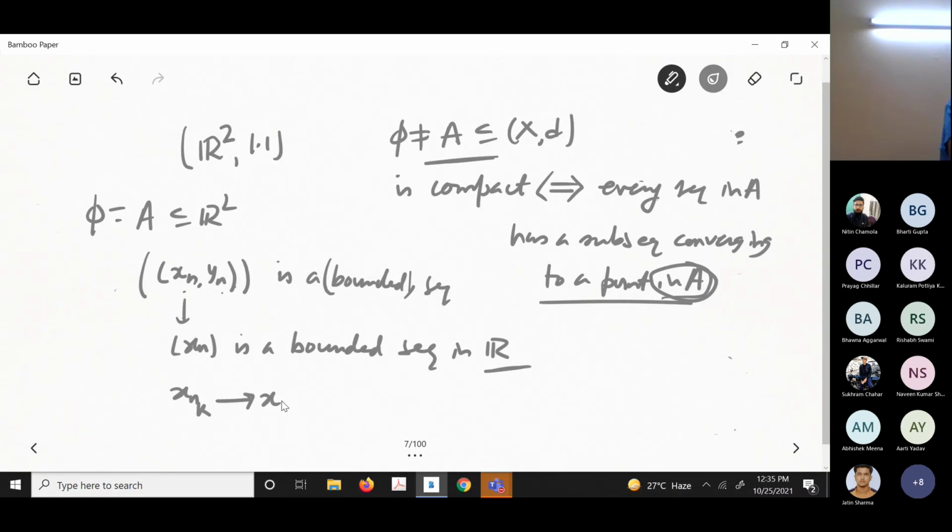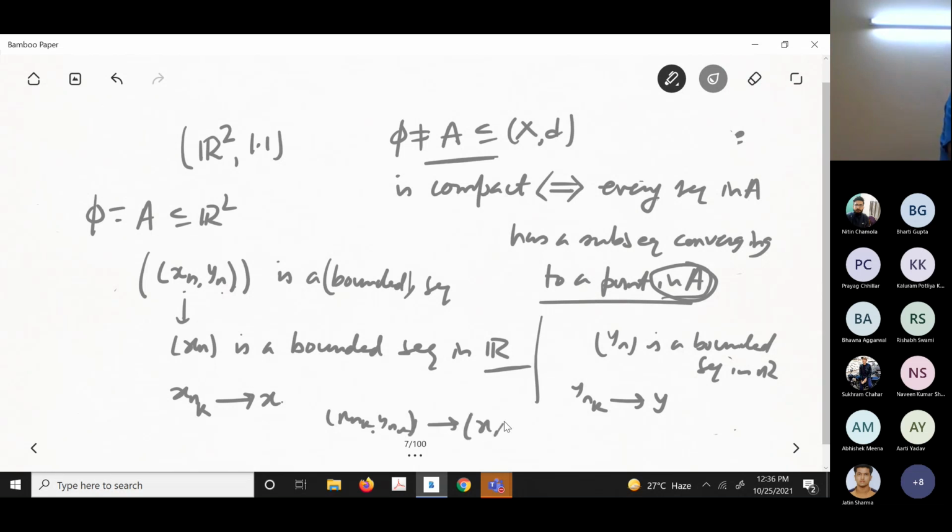Similarly, we will do that for Y. That yn is a bounded sequence in R. So there exists a subsequence converging to a point Y. That means (x_nk, y_nk) converges to (X, Y). So this is coming from A, because these are chosen from A. So you are getting a subsequence converging to a point. Since it is closed, it has to be there.